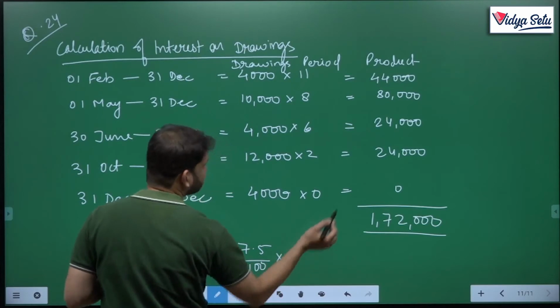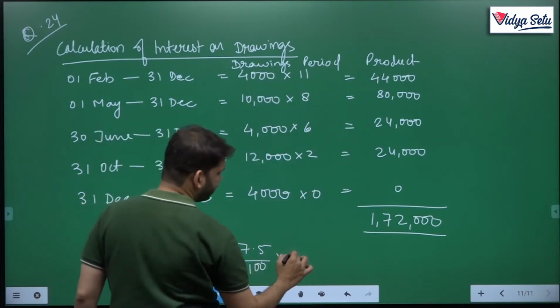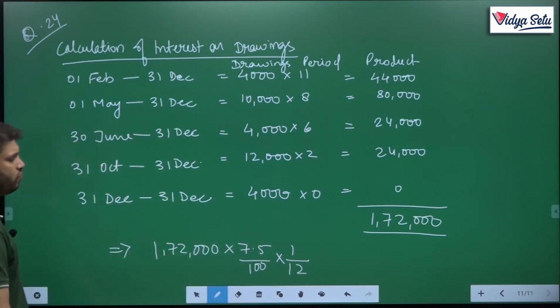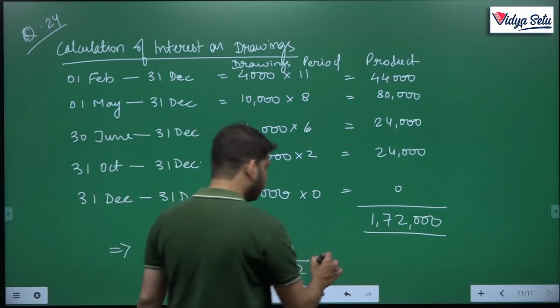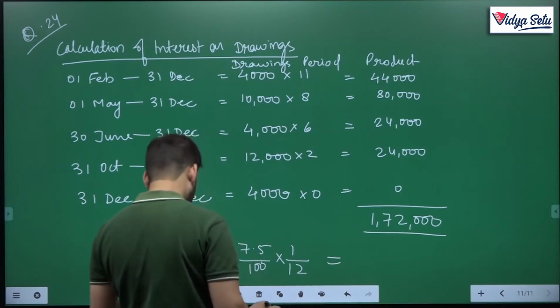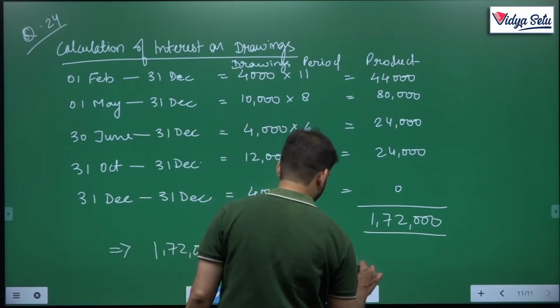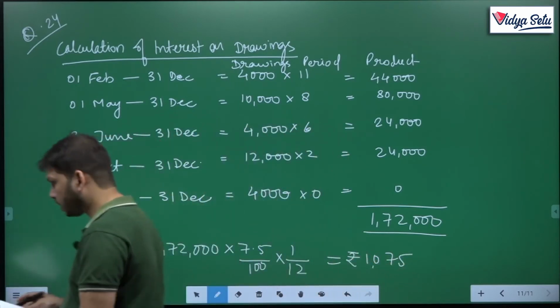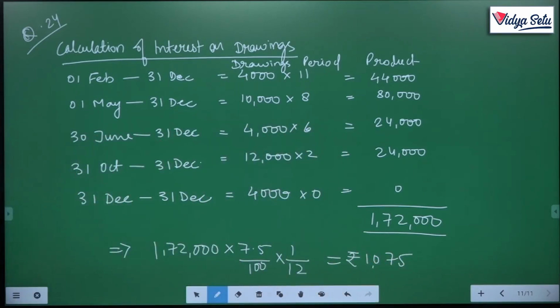Now, because the multiplication by months is already done, we will just write 1 upon 12. The division by 12 we will just do once. Why divide again and again? So, if we solve it, we get our answer of rupees 1075. Okay. Let us do another question.